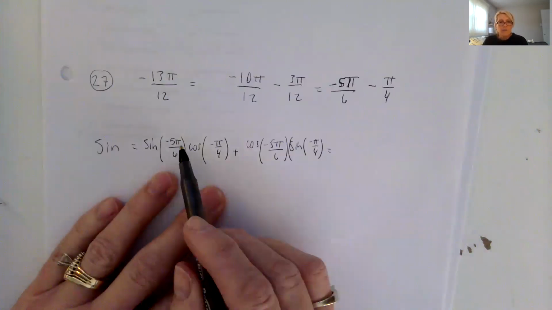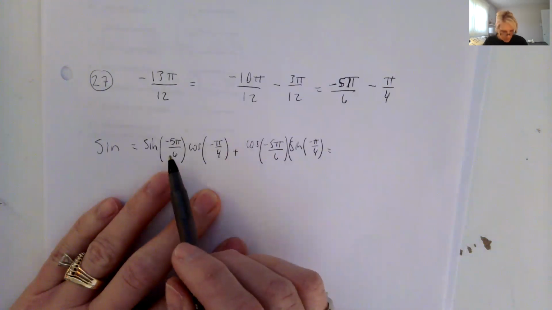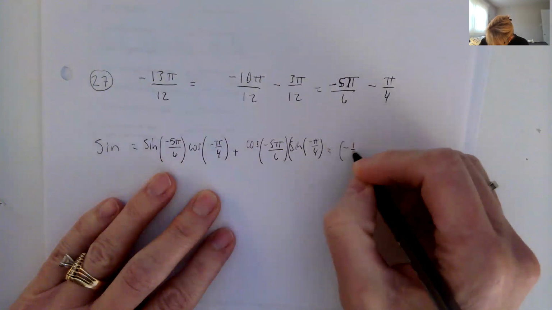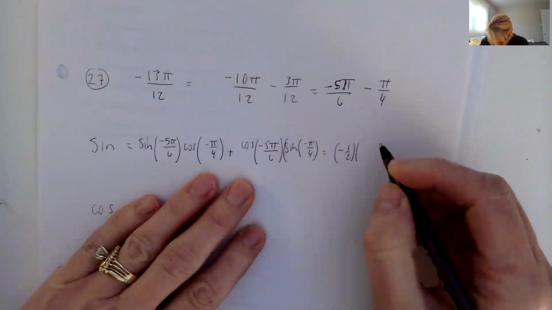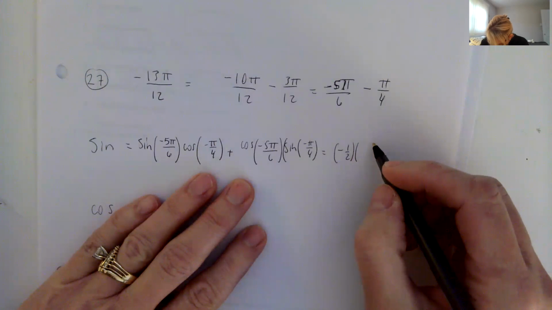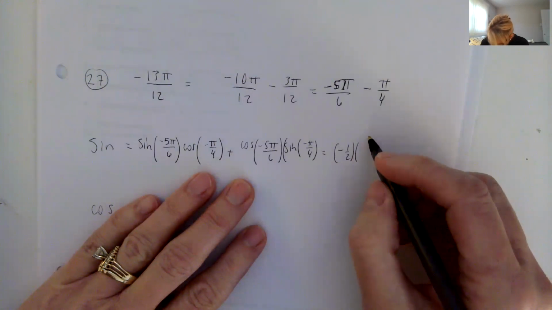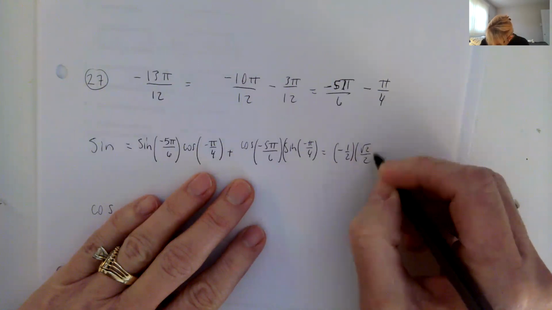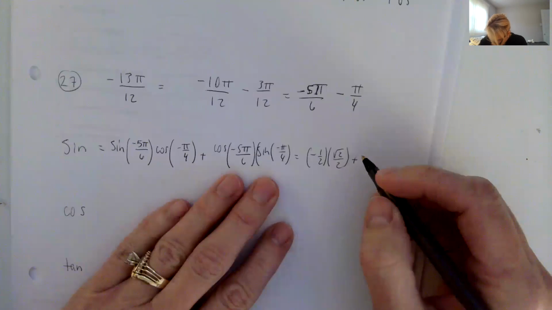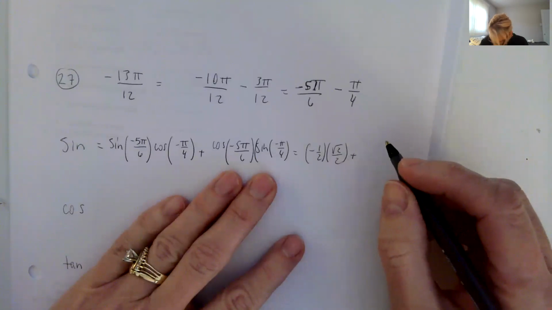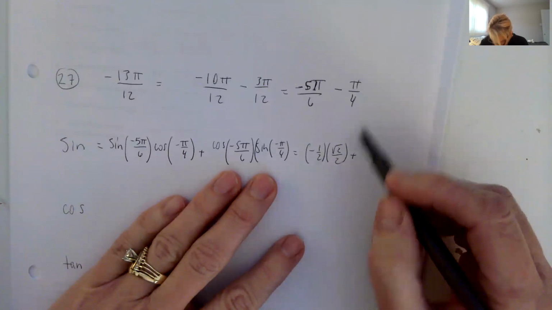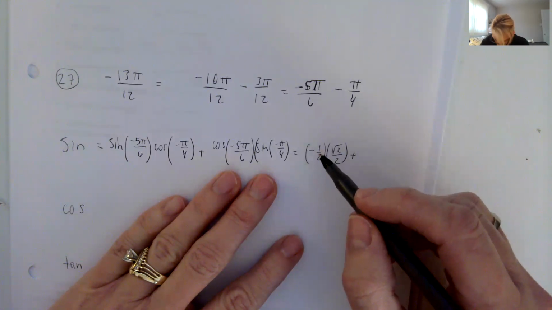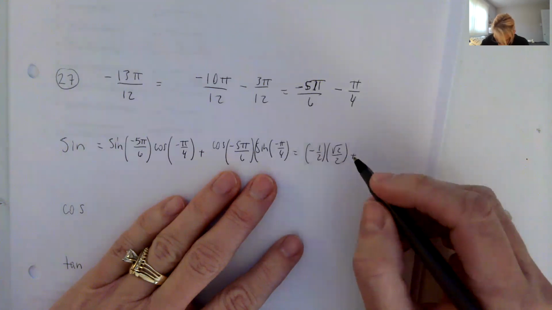So sine at a negative pi over 6, sine is negative. Pi over 6 is a negative 1/2. Cosine at a negative pi over 4 is positive there. And that's a square root of 2 over 2. Okay. Plus cosine at negative pi over 6. Cosine is negative in the third quadrant. So pi over 6.